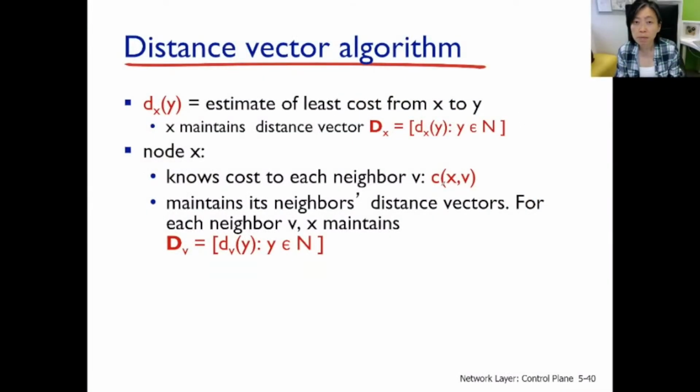So that was the Bellman-Ford equation, which captures nicely how one discovers the shortest path, the minimum cost to go from the source to the destination. But you see also in the previous example, the calculation of Bellman-Ford is actually based on this information: cxv, the link cost from the source to each of the neighbors, and the shortest distance from each of the neighbors to the final destination.